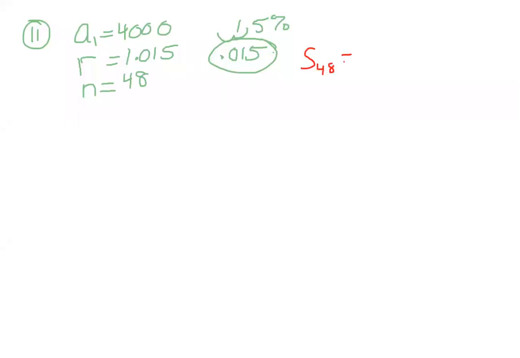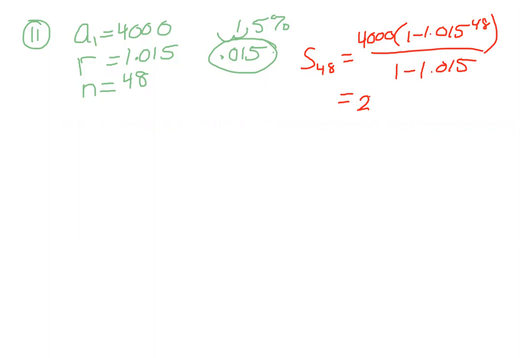So we're going to substitute all of those in, and look at that, to the 48th power. And you should get this. Okay, that's how much money they raised in 4 years.